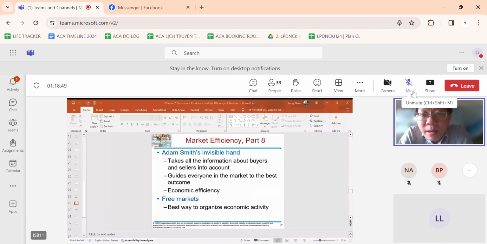If the central planning economy did well, in this case they try to answer the questions by the system: what to buy, how much to buy, what to produce, how much to produce. They care for everything for their citizens.